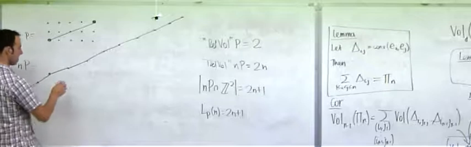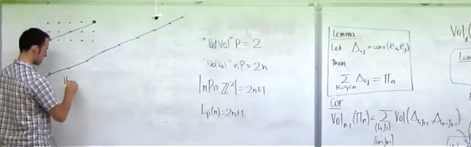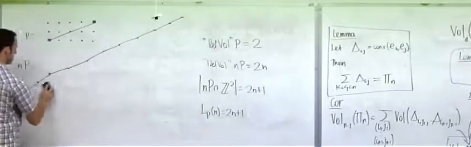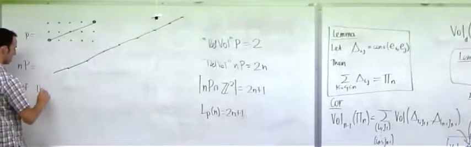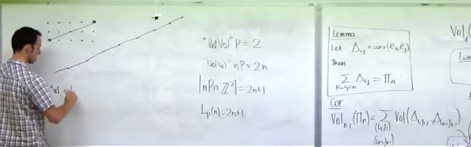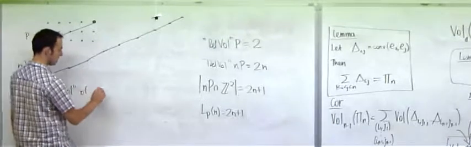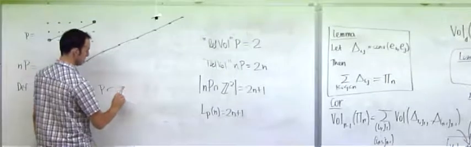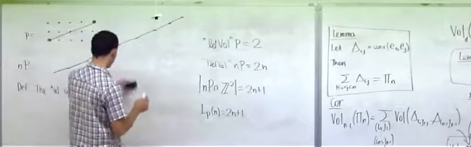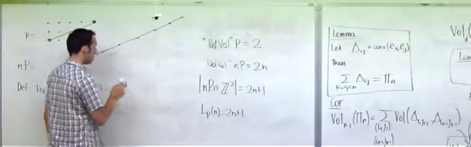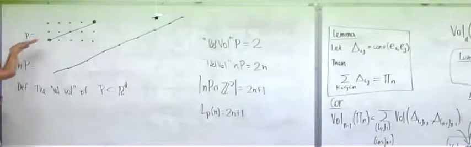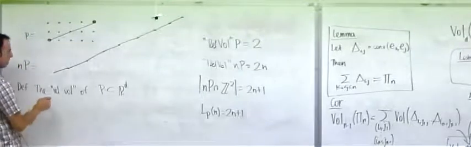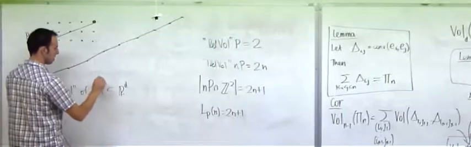So, theorem. Well, maybe definition. The relative volume of a polytope P in R^d is basically the volume, but rescaled according to the lattice along your flat. And P is integral.